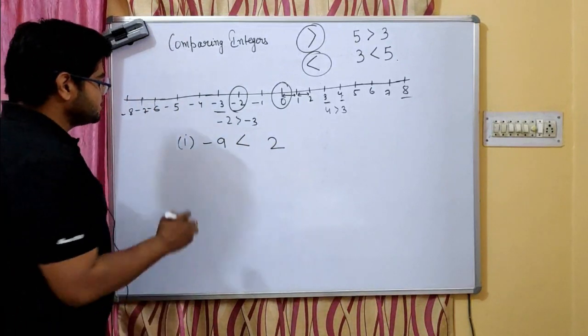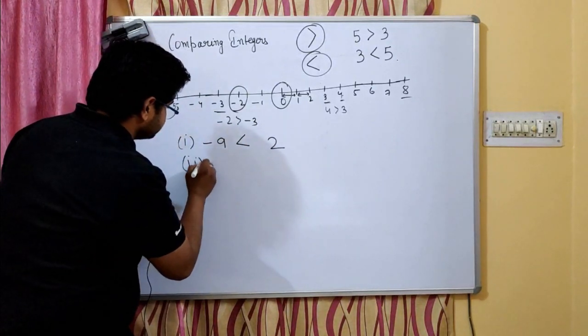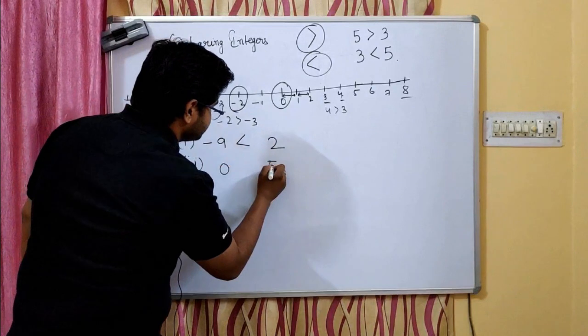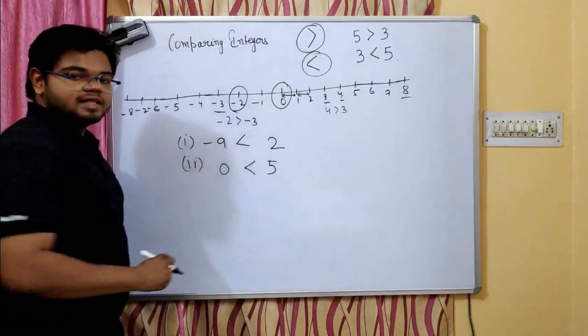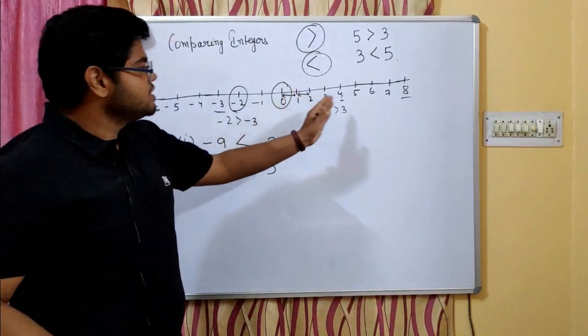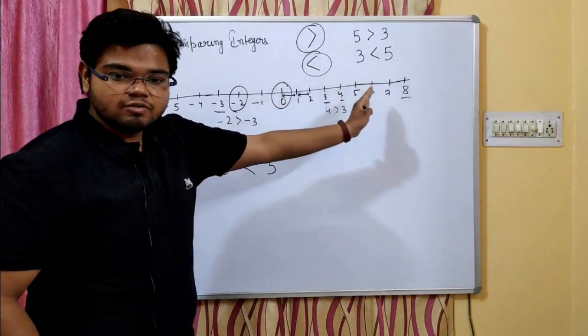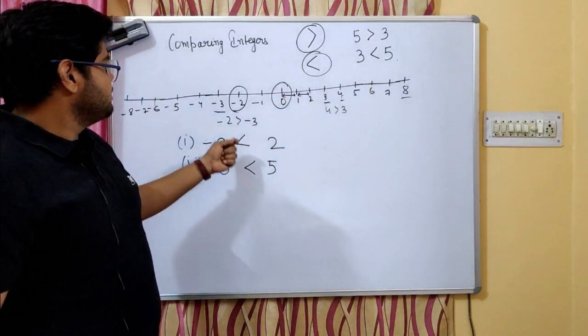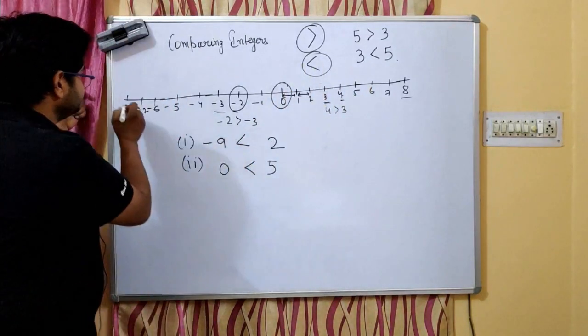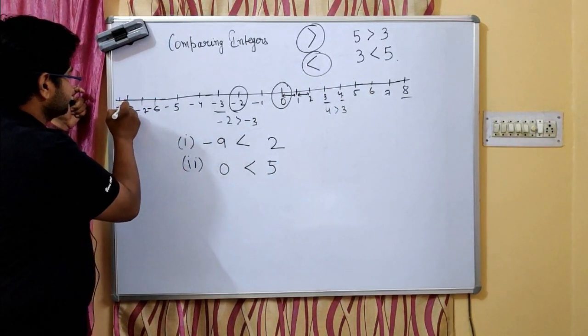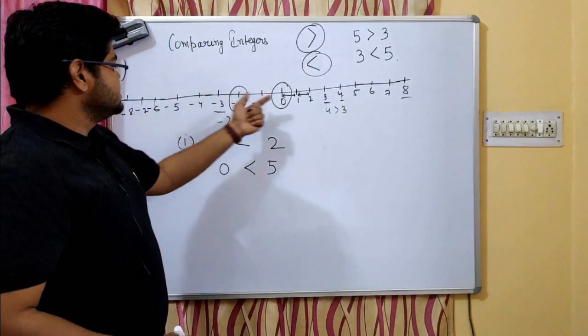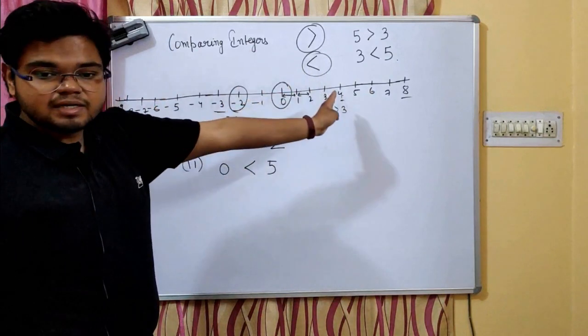Second part is 0 and 5. So 5 is greater than 0, because 5 is towards the right of 0. And here, if you extend the line a little more, -9, 2 is towards the right of -9.